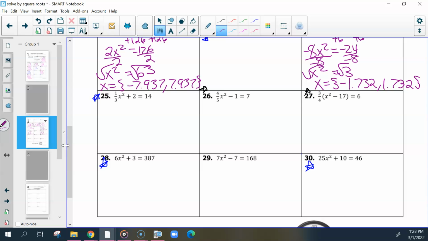Number 26. How do you solve that? Add 1 to both sides. 4/5 x squared equals 8. Multiply both sides by 5/4.